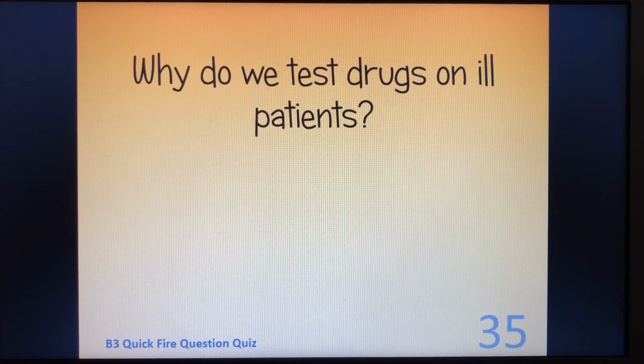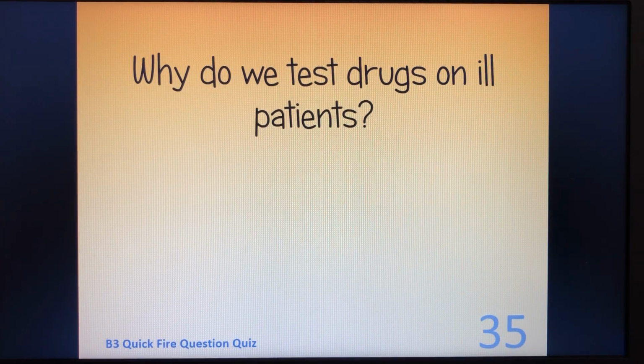Question 35. Why do we test drugs on ill patients? So we start on the healthy people, looking at side effects. We've then got two reasons why we then drug test on the ill patients.